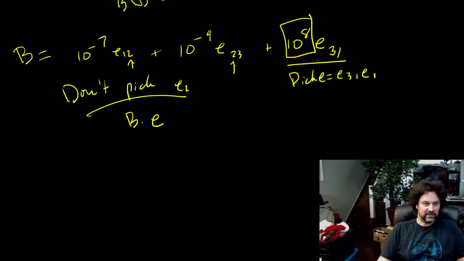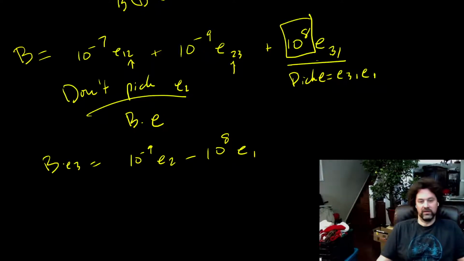So if you do that, let's say we picked E3, so b dot E3 is going to be 10 to the minus 9 E2 minus 10 to the 8 E1.